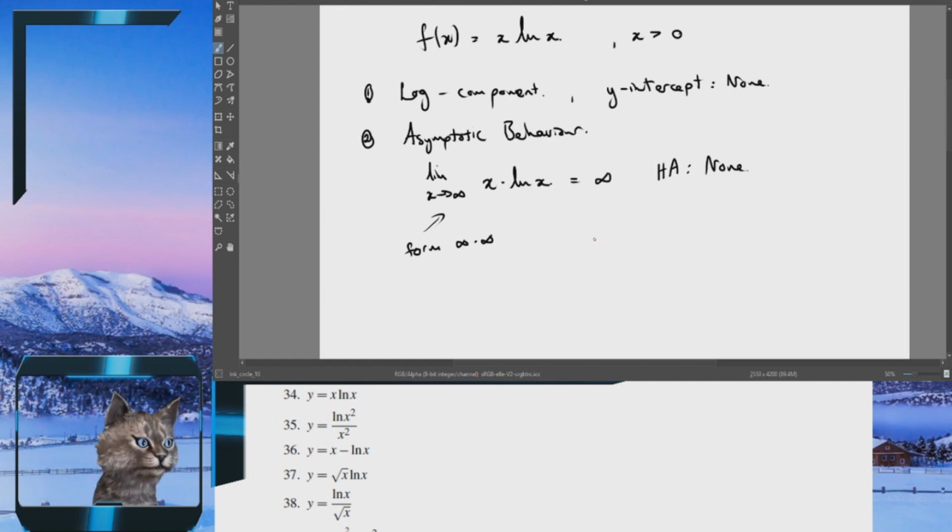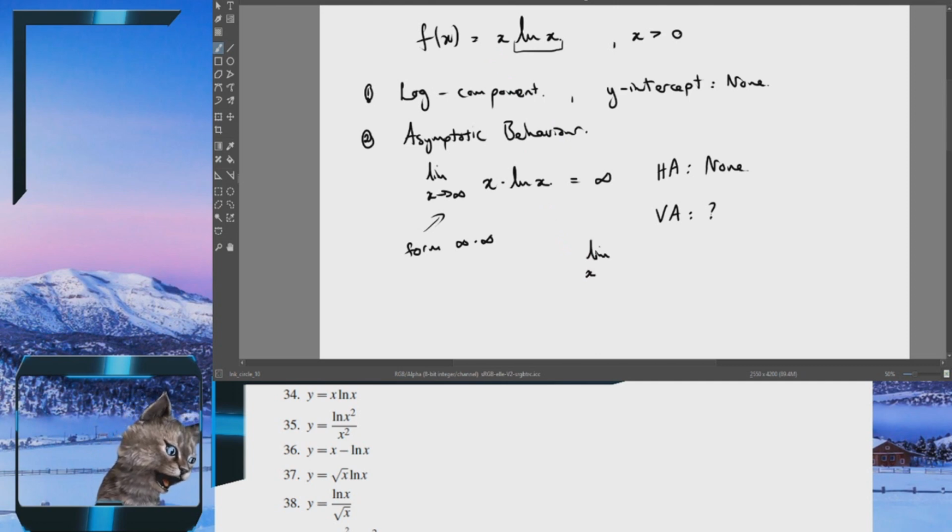There's nothing there. What about vertical asymptotes? Well, I know that for the log function on its own, I have a vertical asymptote at x equal to 0. But the presence of this x might change things a little bit.